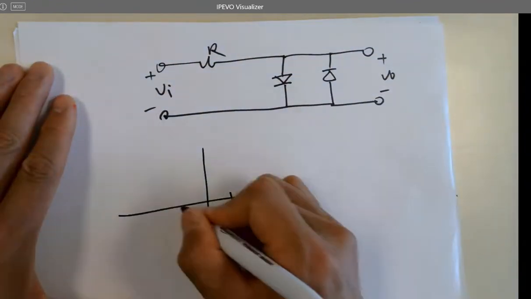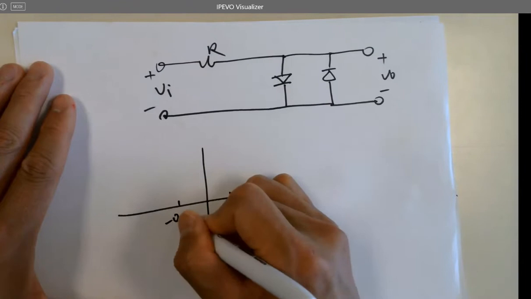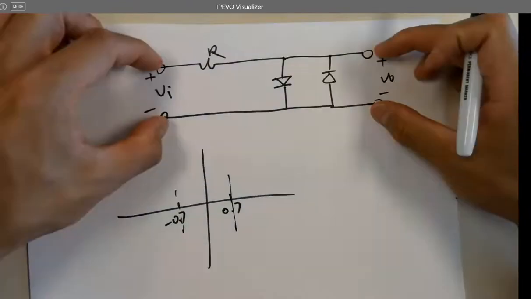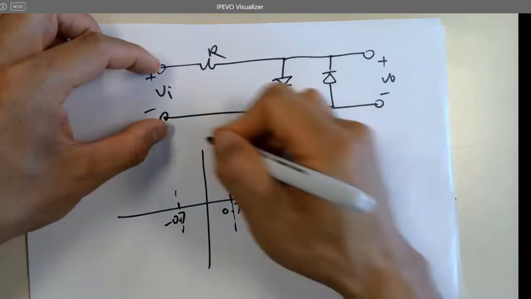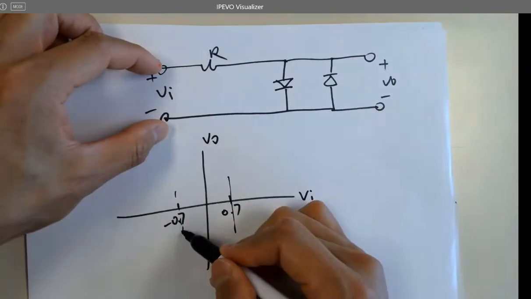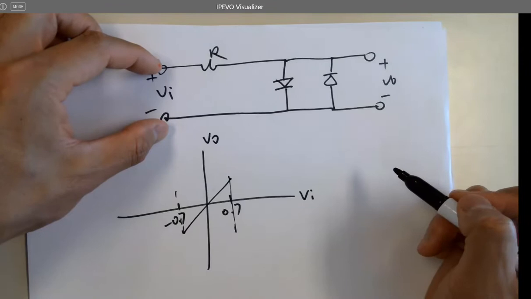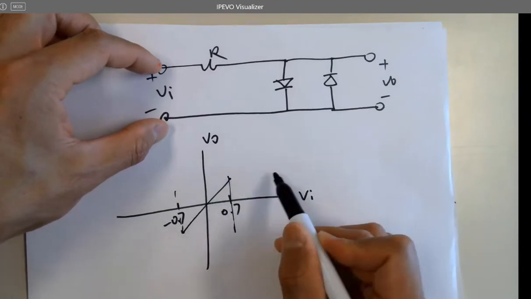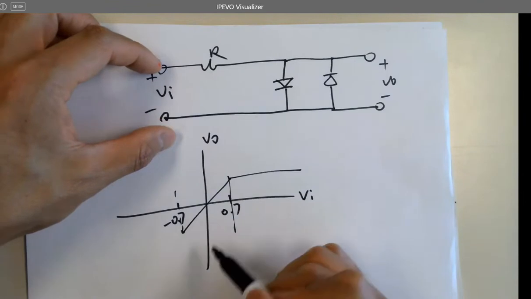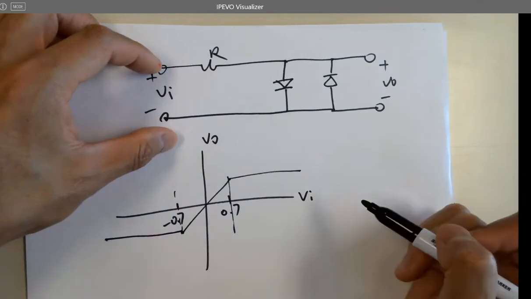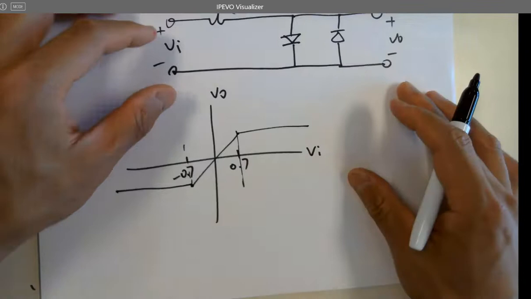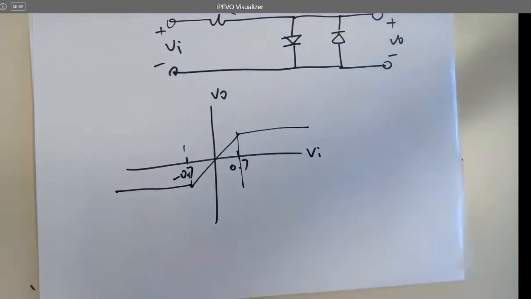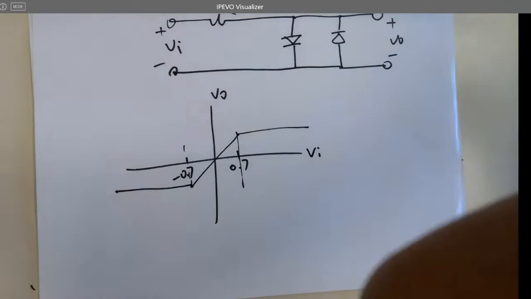So in between 0.7 and negative 0.7, they are equal. It's just linear. Make sense? What is the practical application? I can show you pretty soon.